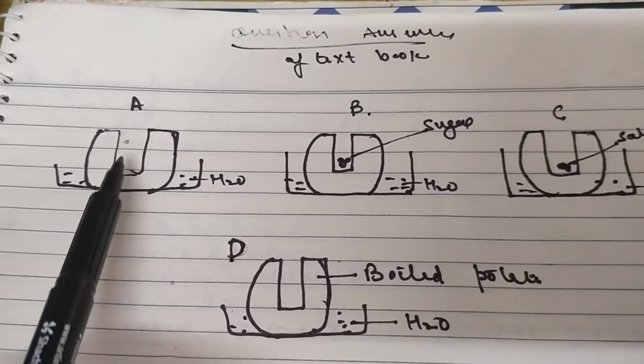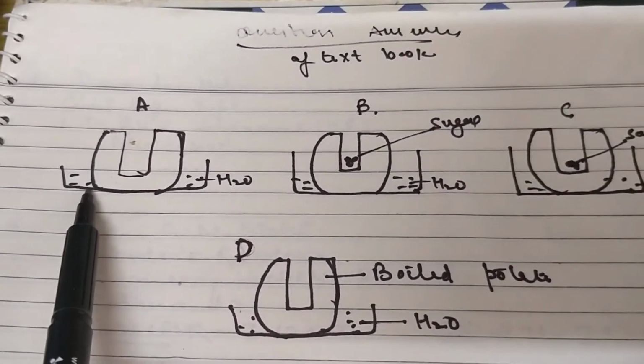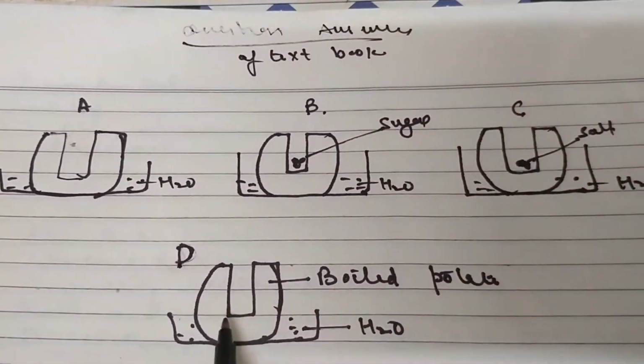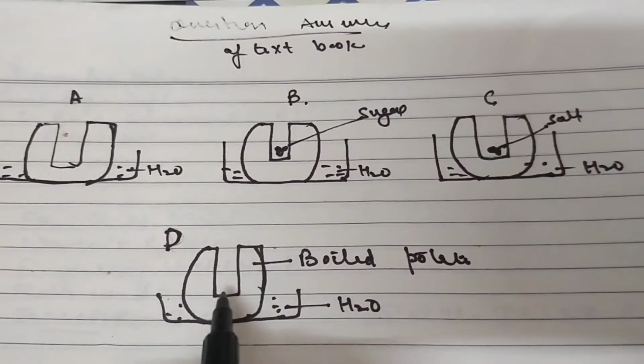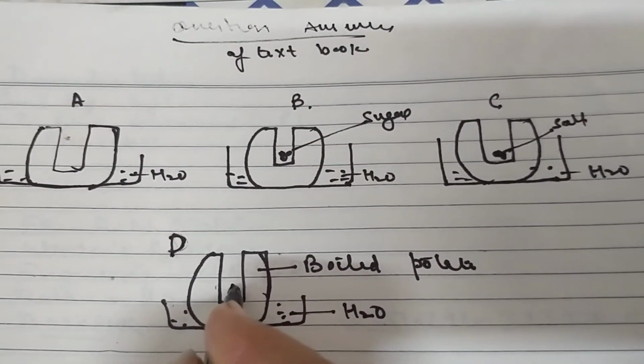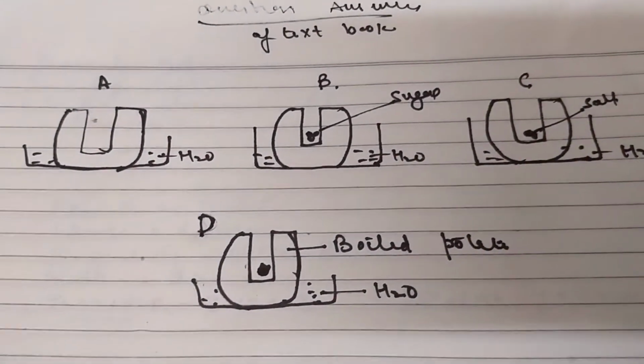Because there was no difference of concentration. यहाँ पे हमने कुछ रखा ही नहीं था तो ऑस्मोसिस नहीं हुई, नहीं आया. D में क्यों नहीं आया? यहाँ तो हमने शुगर रखी थी तब भी क्यों नहीं आया? यहाँ हमने शुगर रखे, सॉल्ट रखे, तब भी नहीं आया भाई.